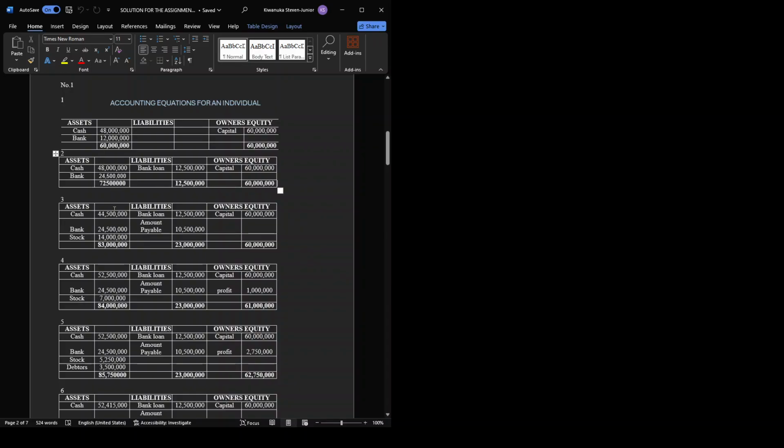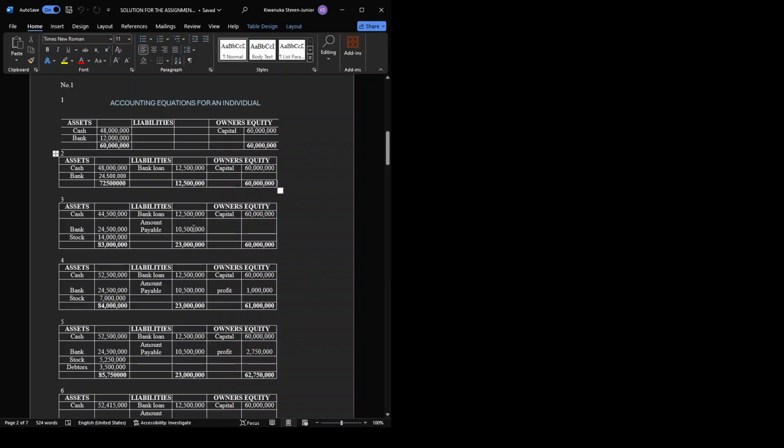After that, you subtract what you get from this total to get this. That is what remains. And then the bank remains unchanged because he's paying on credit, and when you are going to pay on credit, that means you are going to put amount payable.